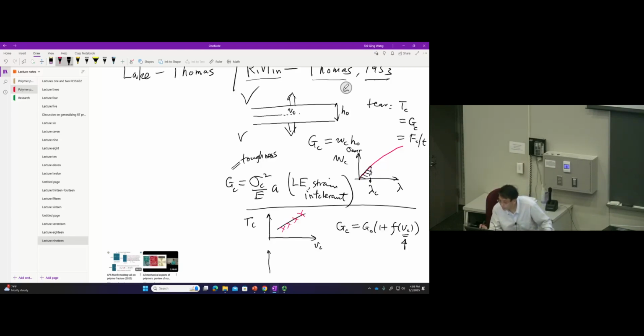And how much you are stretching essentially determines what level of energy release rate we will have. So at the end of the day, tearing gives you this relationship as if GC is determined by how fast you stretch. But actually, you're not controlling the crack speed. You're only controlling these two ends you are tearing. You're not controlling how fast it is. So actually, there's some instability, whatever.